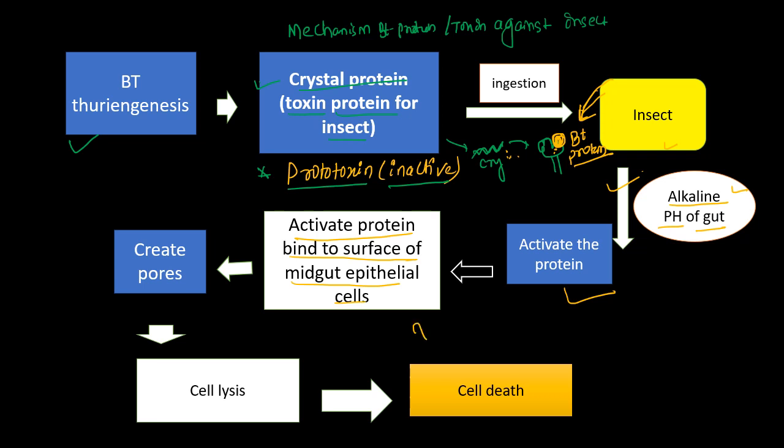Let's consider this is the stomach, this is the gut lining. The activated protein enters here and creates pores in the cells, so cell lysis happens. Due to cell lysis, cell death happens.